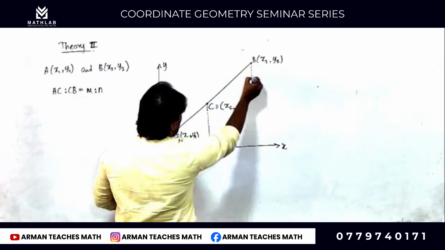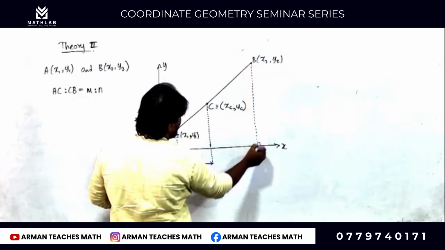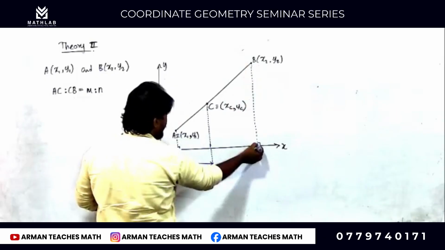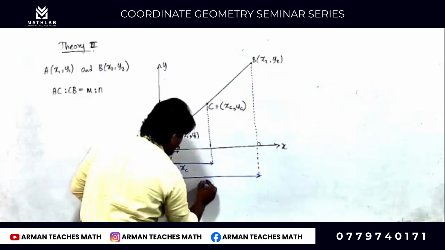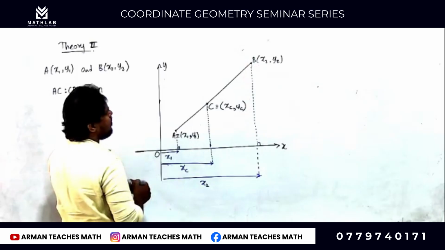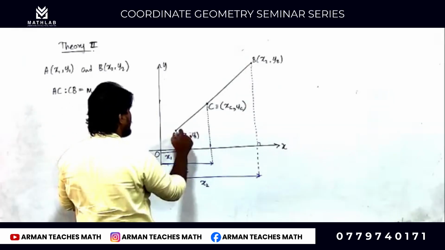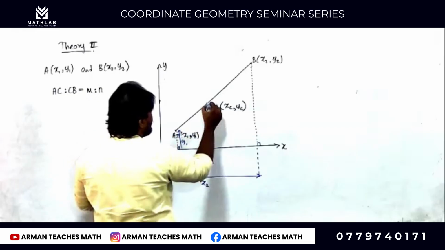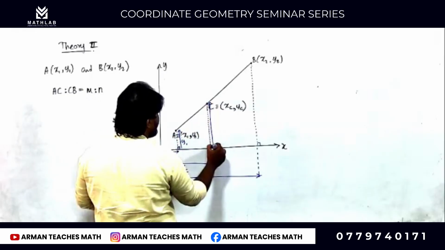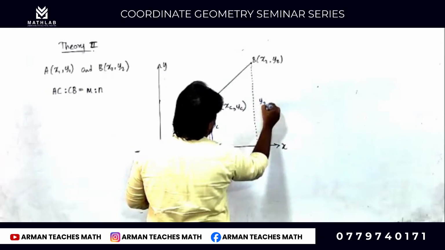If I draw a perpendicular straight line segment to the x-axis, this is x2. This height is y1, this height is yc, and this height is y2.